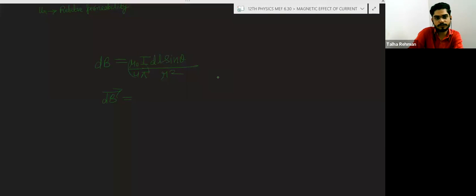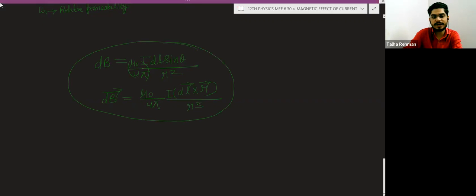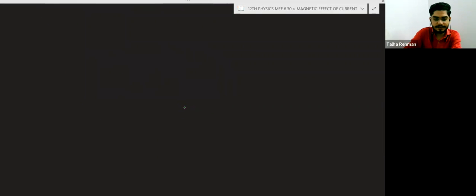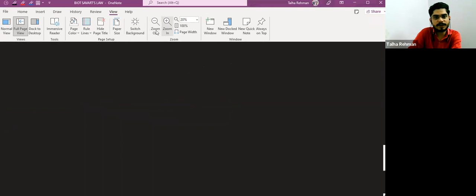You can include it. So here is mu naught divided by 4 pi I dl vector cross r vector divided by r cube. Only these two things till now I have discussed, and all the things I have derived using either this formula or this formula. Now we will discuss the direction part.